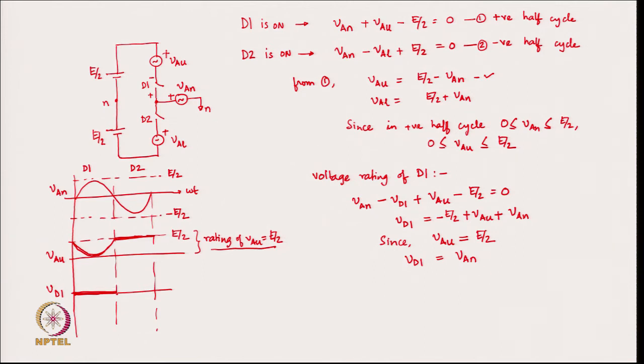So, therefore, this will be equal to VAN. So, this follows the VAN voltage here. Okay. So, this is what appears across the director switch D1, and accordingly we have to design it.